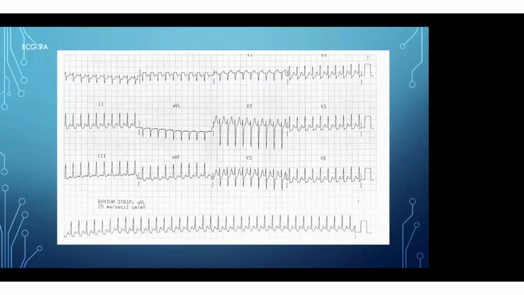What is the immediate treatment when you see a patient with SVT, narrow QRS tachycardia? Adenosine. First, you have to give vagal maneuvers, like you can tell the patient to do Valsalva, or you can dip the face, or carotid massage.